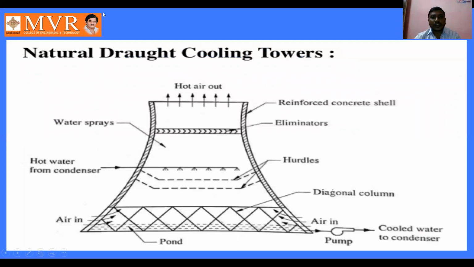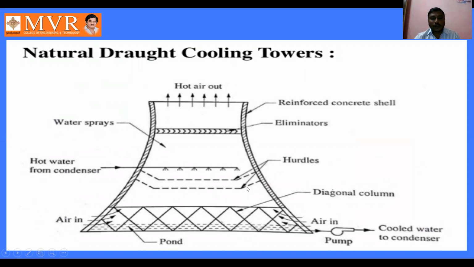See here, coming to the natural draft cooling tower, it is used to cool the water coming out from the condenser. Hot water from the condenser enters into the cooling tower, where by using fine sprays the water is sprinkled upon these hurdles.